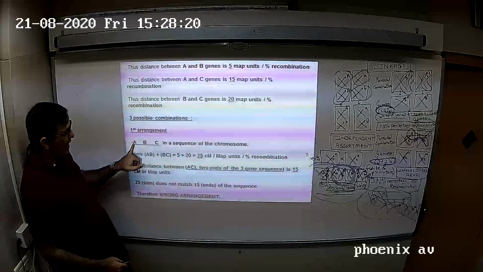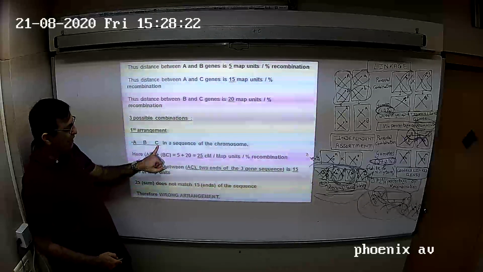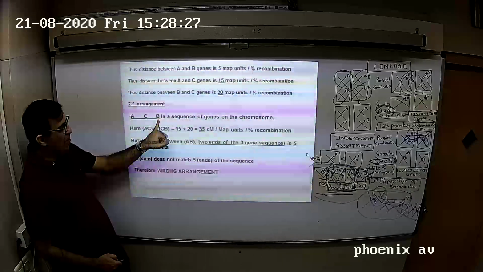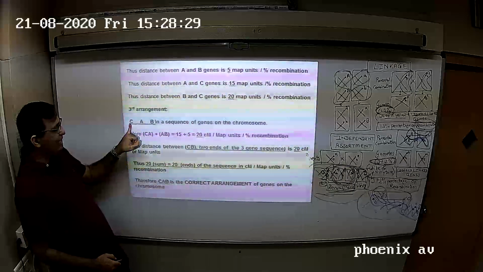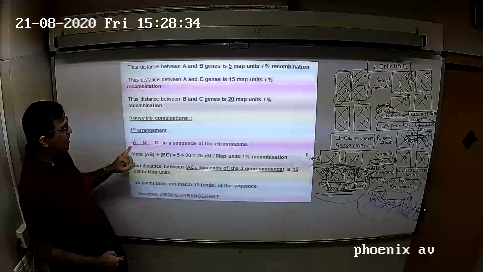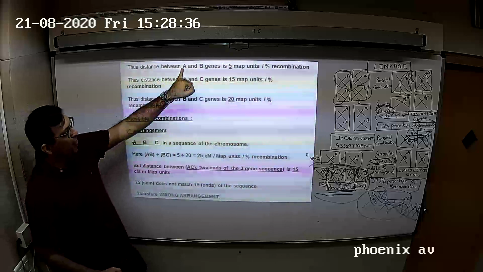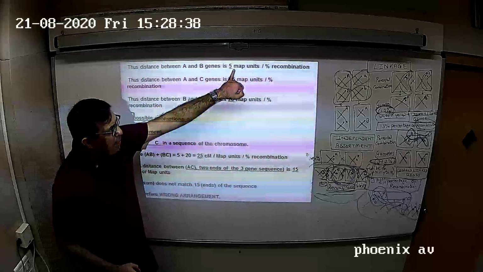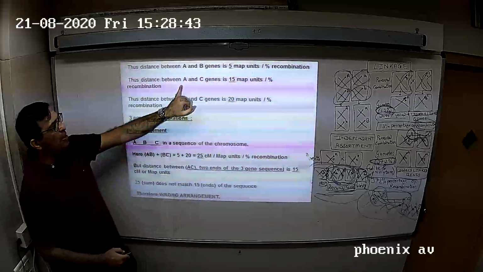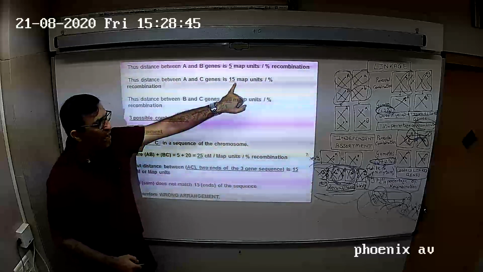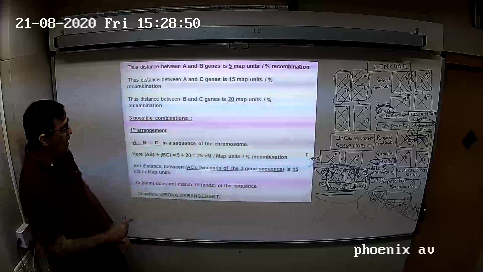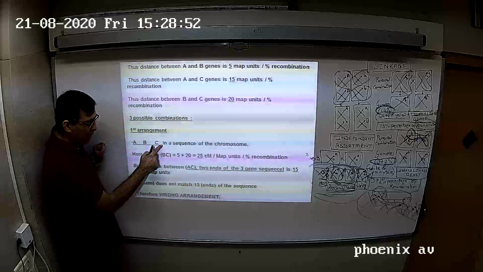You may have gene A, then B, then C. Or you may have gene A, then C, then B. Or you may have gene C, then A, then B. Now, how much is the distance between A and B genes? 5 map units. How much is it between A and C genes? 15 map units. How much is it between B and C genes? 20 map units. Suppose it is ABC.